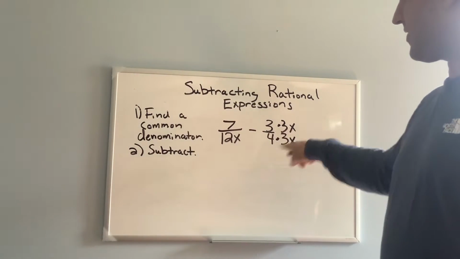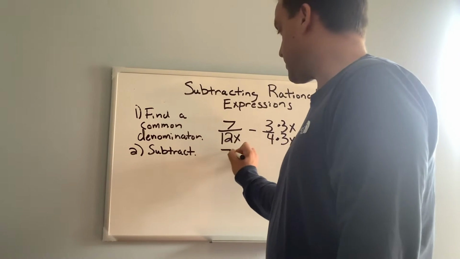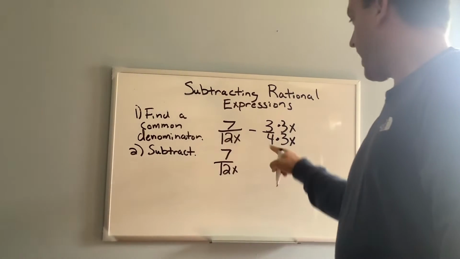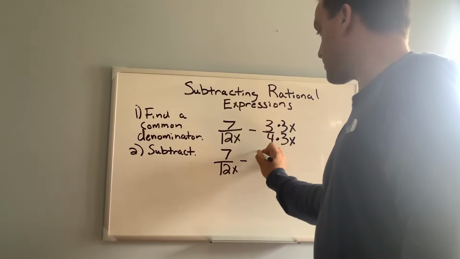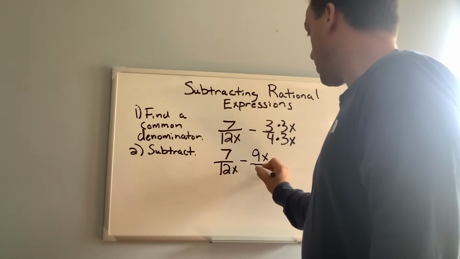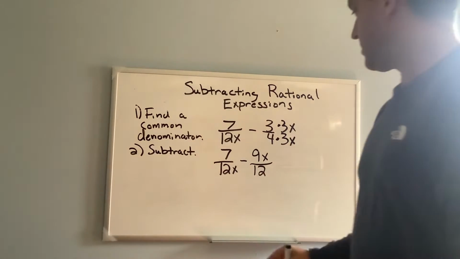So I'm going to simplify this expression over here. I'll start by bringing down the first expression. And then 3 times 3x, I would subtract, it would be minus 9x. And then 4 times 3 would be 12x.